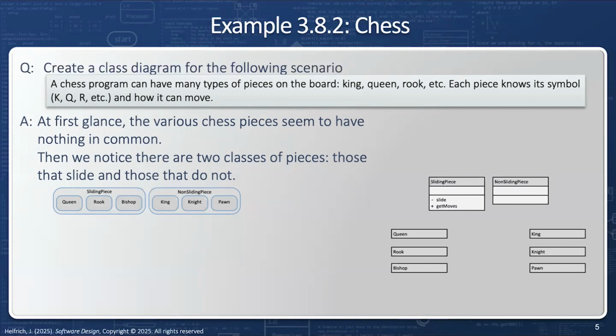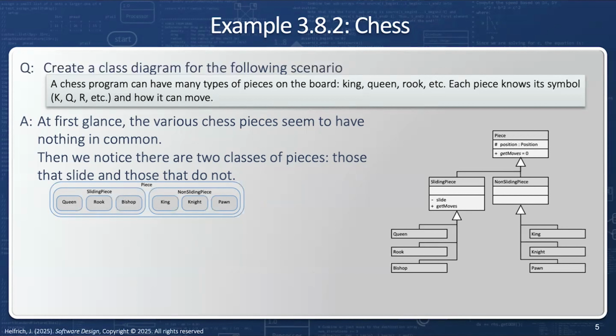So therefore, I'm going to have a class representing sliding pieces and a class representing non-sliding pieces. And these can be related by inheritance because the queen, the rook, and the bishop are types of sliding pieces, and the king, the knight, and the pawn are not. But now all of these different types of pieces are, well, types of pieces. Therefore, I have a base class called a piece, and my sliding piece and my non-sliding piece will be related to it.